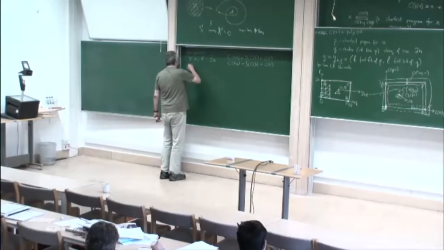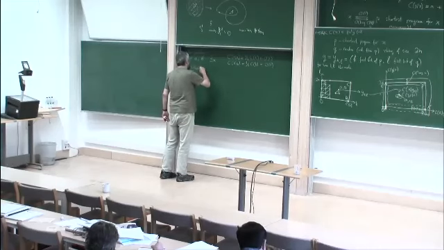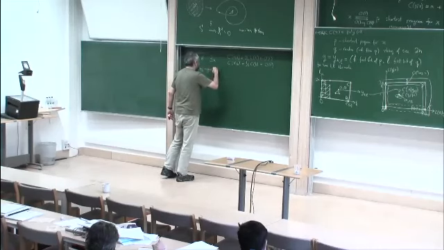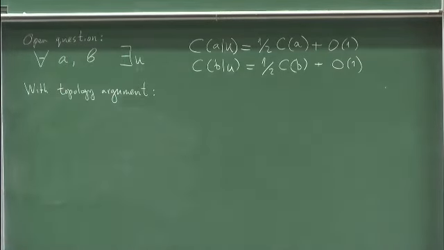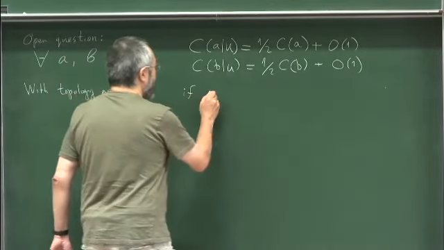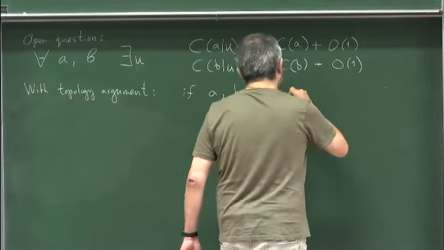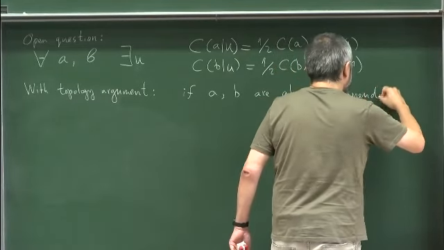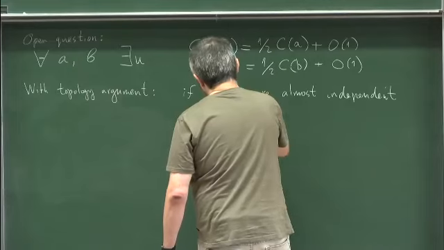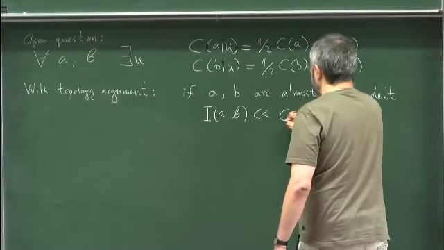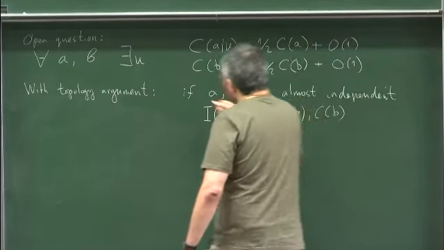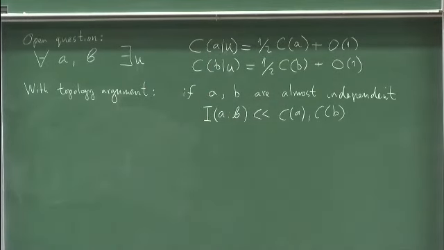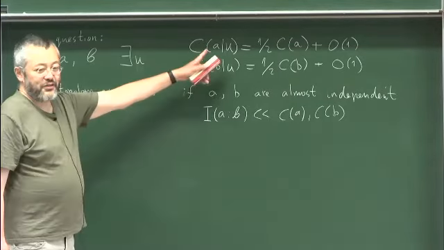But with a topology argument, you can prove that with an additional condition: if a and b are almost independent, so the mutual information of a and b is much less than the complexity of a and the complexity of b, then you can indeed find such a thing.